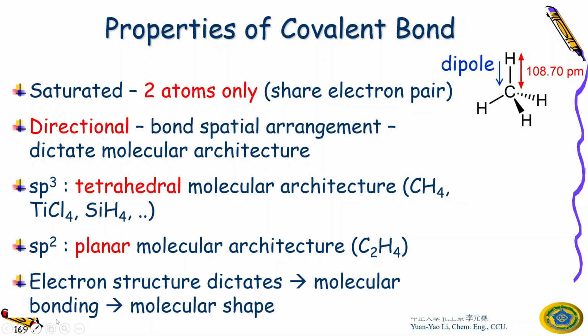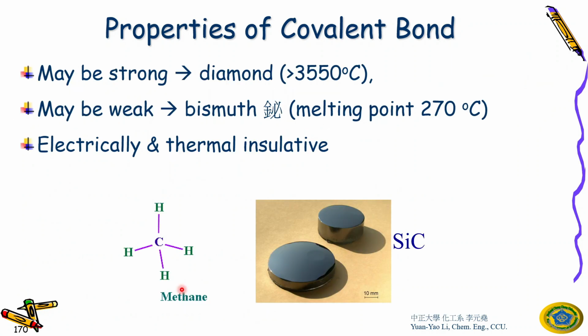So it really depends on the electron structure. It affects the molecular bonding, and molecular bonding will affect the molecular structure and molecular shapes. And the covalent bond can be very strong like diamond. It can be very weak like bismuth. The melting point is very low compared to this. And it can be electrically and thermally insulative. So it depends on the bonding properties.